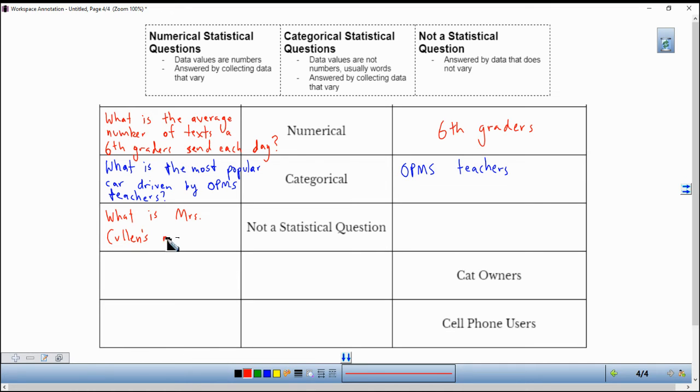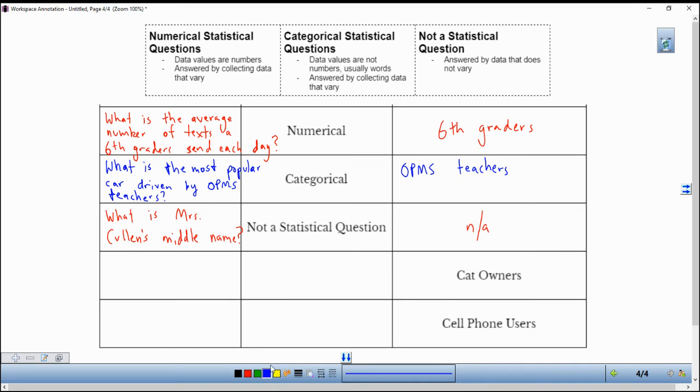What is Mrs. Cullen's middle name? So you'd only have to ask one person to get the right answer. All the other answers would either be good guesses or incorrect. And who would you ask? You just ask Mrs. Cullen. That's probably your best bet. You wouldn't ask a group of people, which is why we're putting NA there, because you wouldn't ask a group of people.